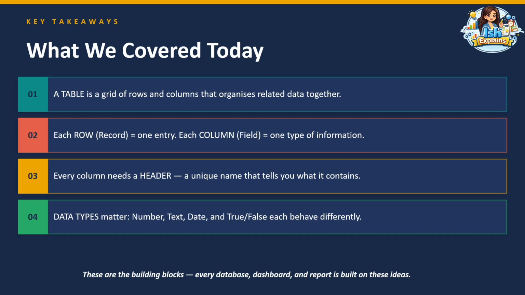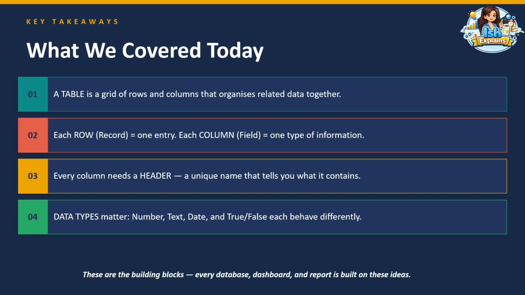Okay, let's quickly wrap up what we have covered today. We first saw what data is: just recorded information. We went to Excel and talked about table, record, and field. A table is a combination of rows and columns that organizes related data together. A record, another name for a row, stores one set of information.